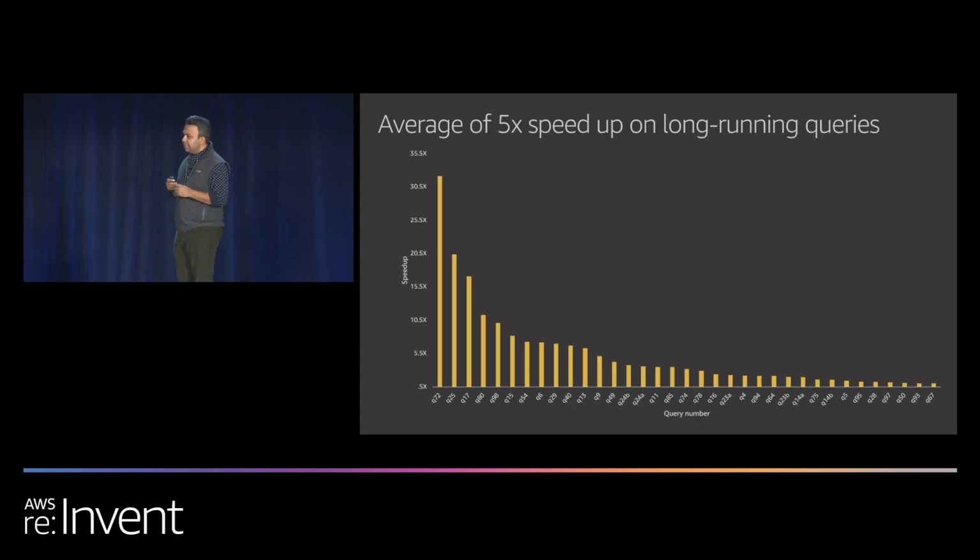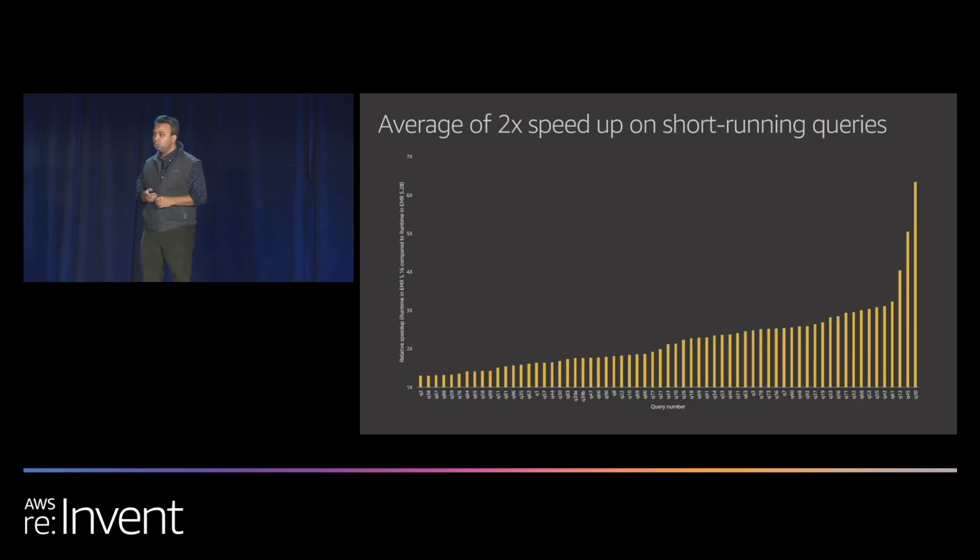If I take a cross-section of long-running queries, by which I mean queries that run 90 seconds or more, we see roughly about 5x improvement in long-running queries. This graph shows you the TPC-DS queries, and on the y-axis is the average speedup when I compare it to the open source version without the runtime.